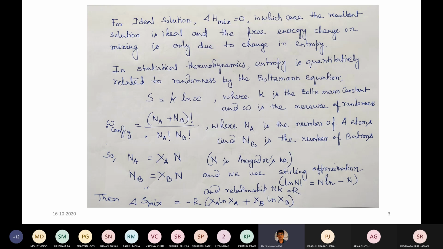So let's think about k ln omega. Now we have to understand what omega represents. If it is thermal entropy, then omega is the number of ways by which the thermal energy of the solid can be distributed or divided among the atoms. That is the total number of ways in which vibration can be set up in the solid.